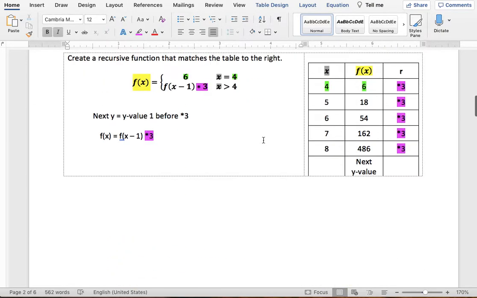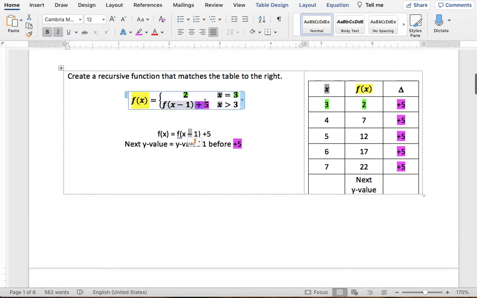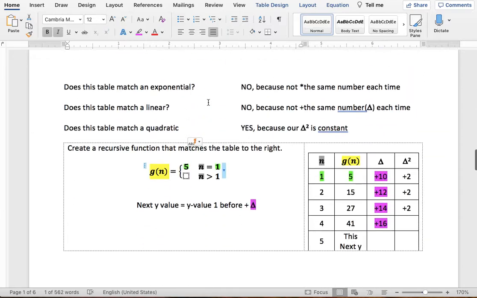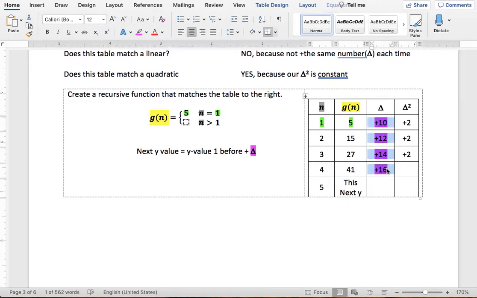It's not going to have just a constant here in red. And that's because our red column here is not a constant. It's changing every time. So what you just need to do is create an equation for that red column.